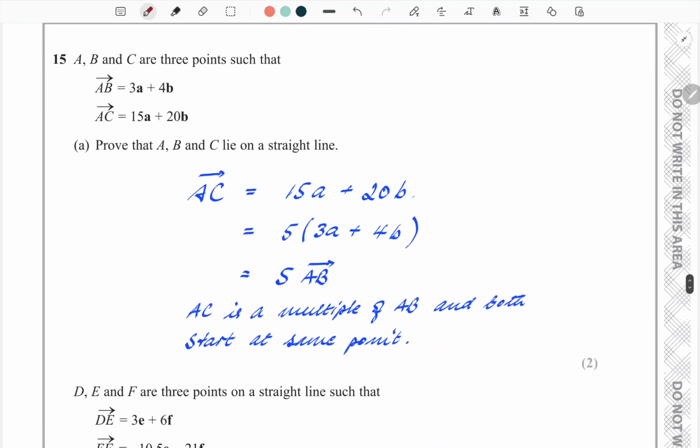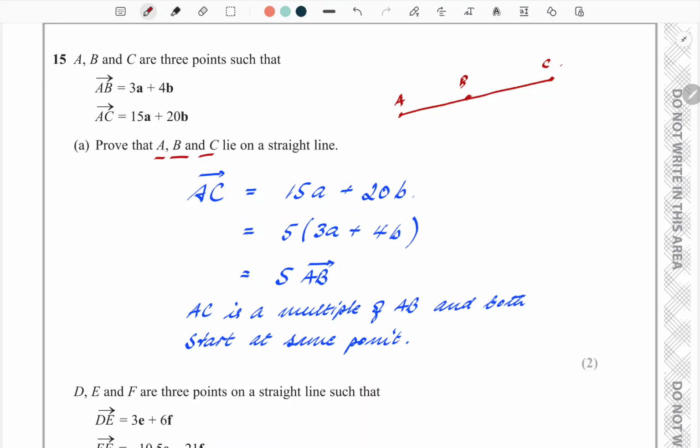Okay, number 15. What have we got here? 3 points, A, B, and C. So effectively what we're saying is, you've got that, and C is along that same line, and you have to prove it.